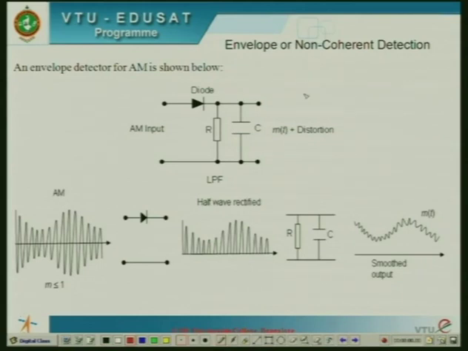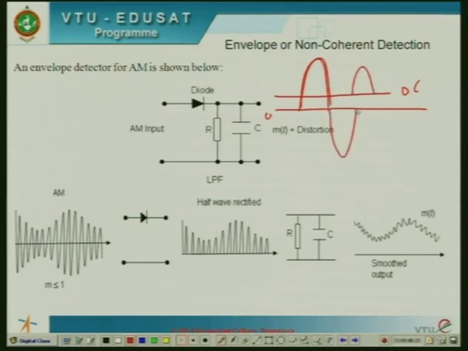Let us assume that your input signal is having a peak like this, and this is with respect to 0 volts. If your threshold voltage is 0.6, this is your cut-in voltage. If your input voltage is greater than the cut-in voltage, the diode is working as a rectifier, and you will get this voltage at the output.